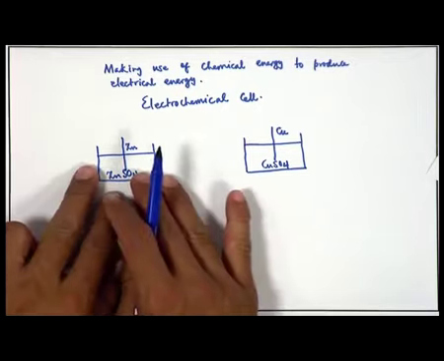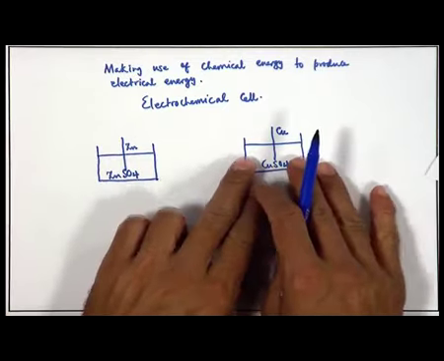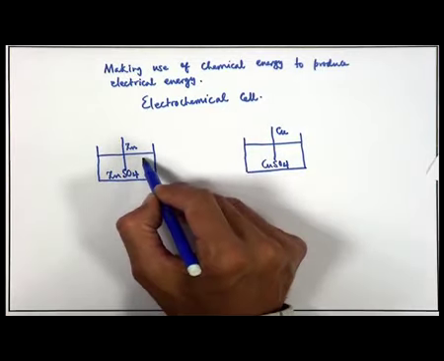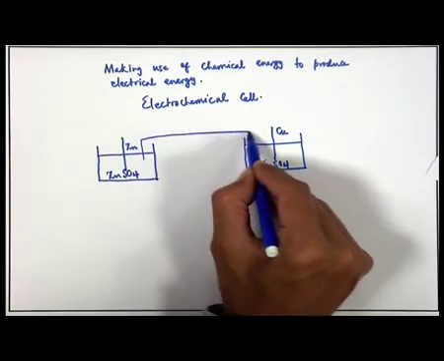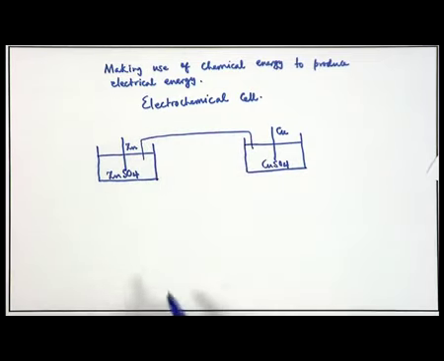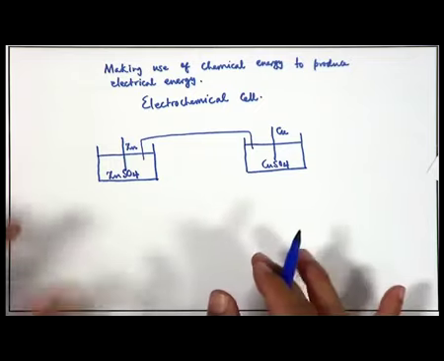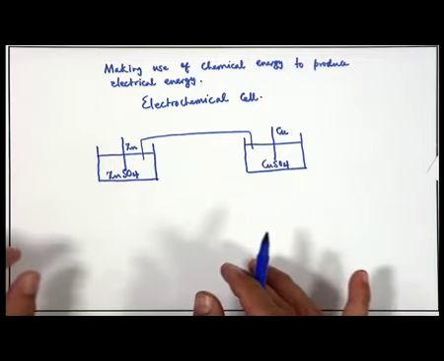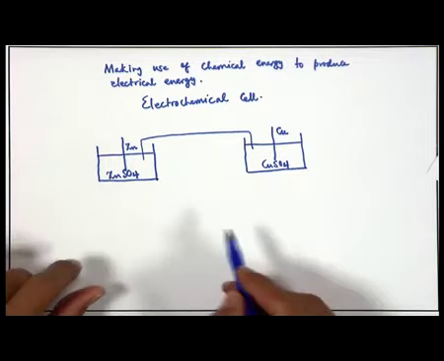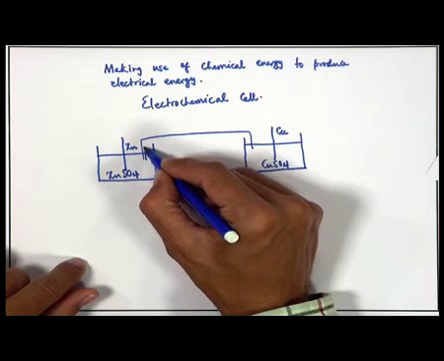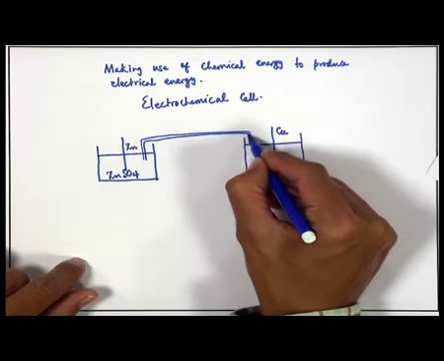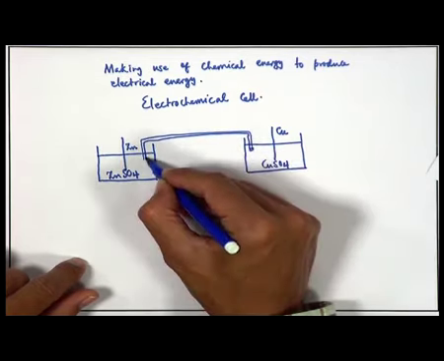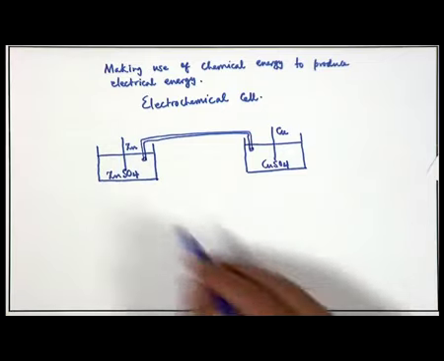That is why you keep this unit separate, and then you join these two by the help of an electrolyte, which is called your salt bridge, which contains some electrolyte, either ammonium nitrate or potassium chloride in agar gel.